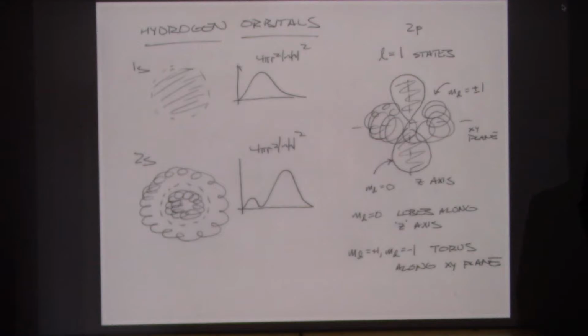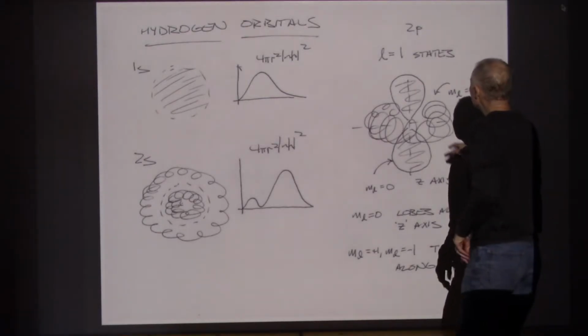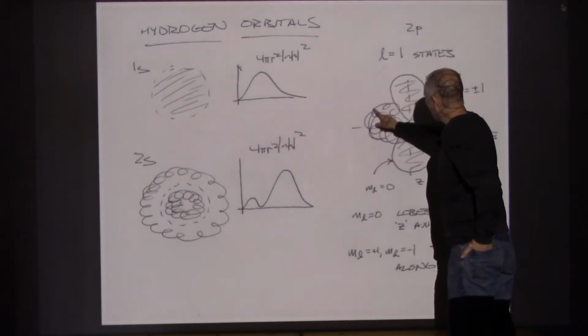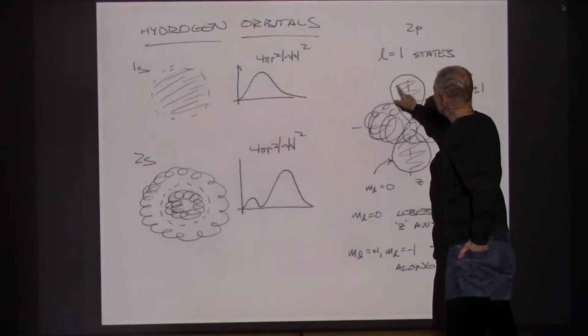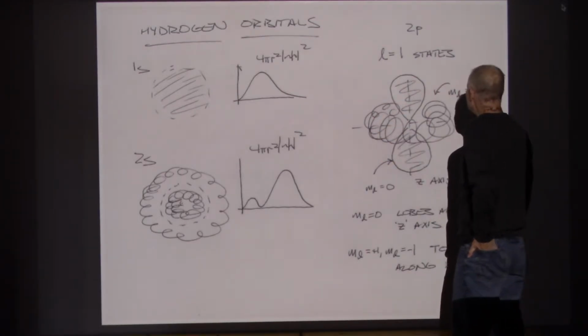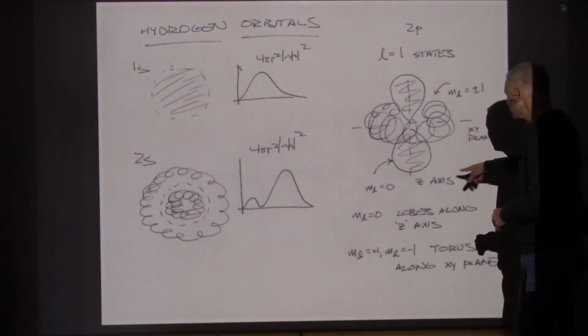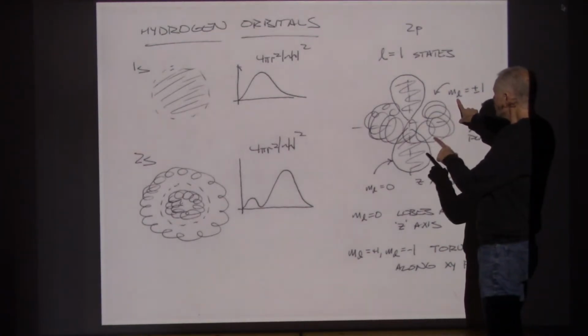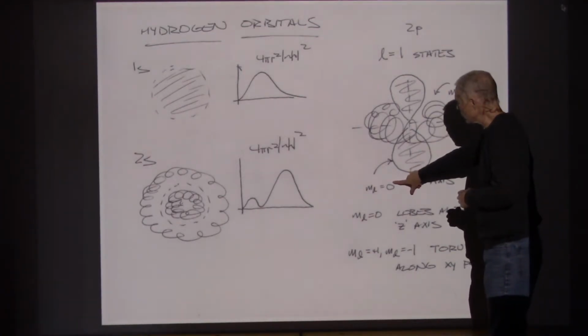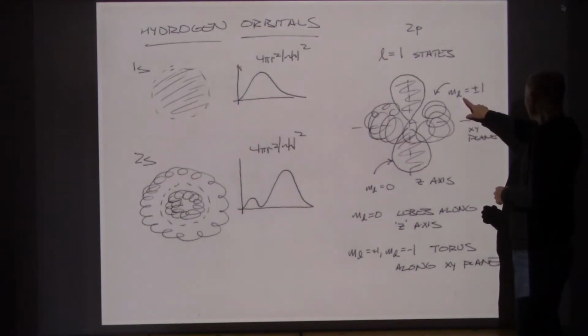And at the level of electrons inside atoms and molecules, that is what determines angular momentum. So angular momentum is determined by, if I do a walk around, how much variation do I see as I go around the nucleus. Now it turns out, this is kind of interesting too, in addition to the m sub L equals 0 states, there's going to be some m sub L equals plus or minus 1.